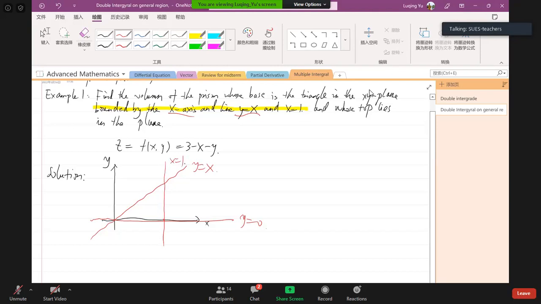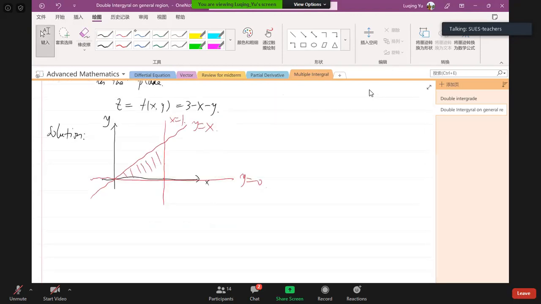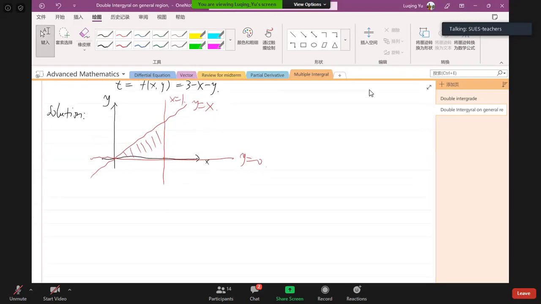Now we find the area. When we find the area, we have to define how the area looks. Usually we start from x, so we ask how x looks. Here you are fixing x, so we want to find what x is.